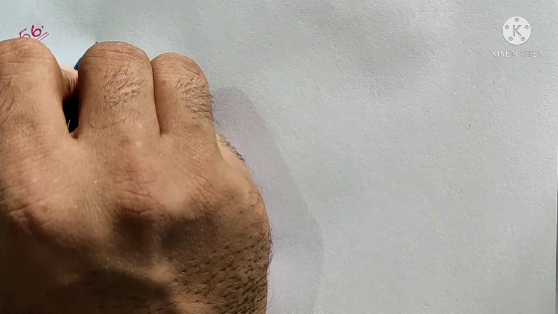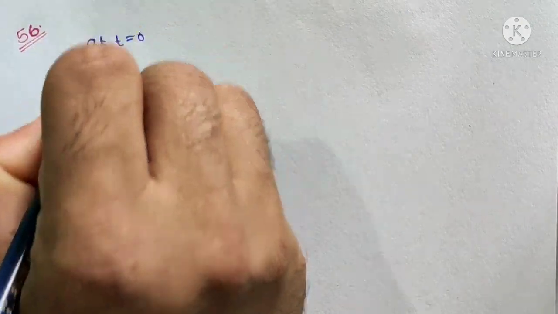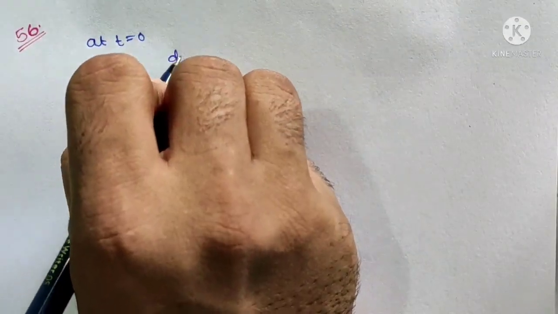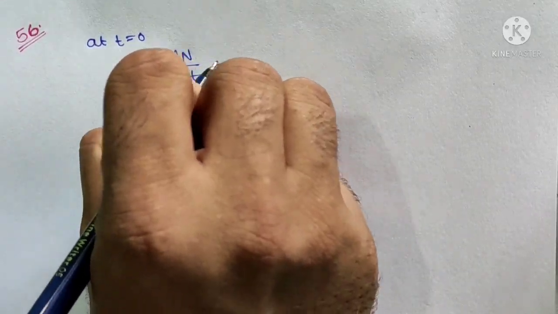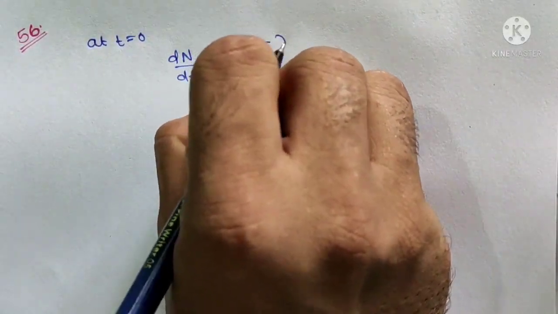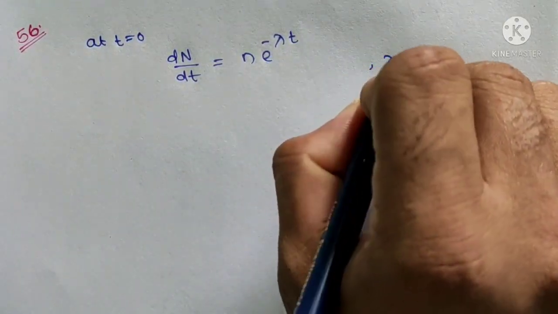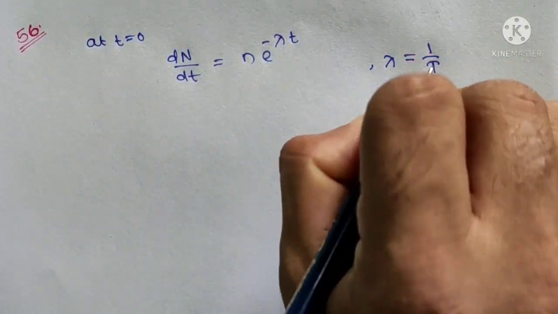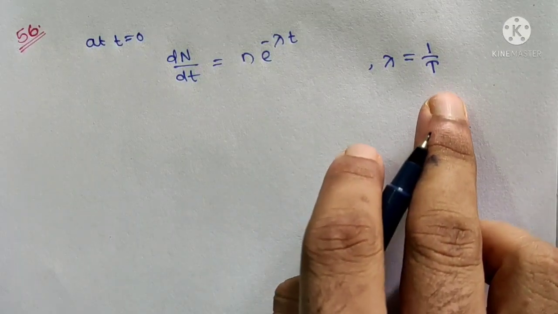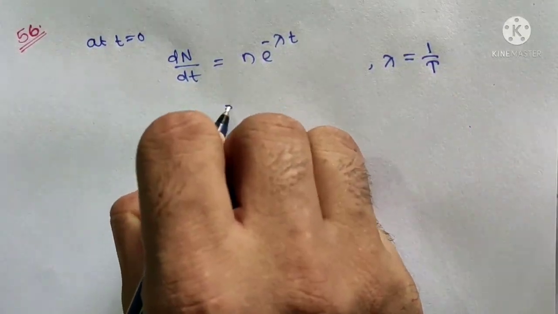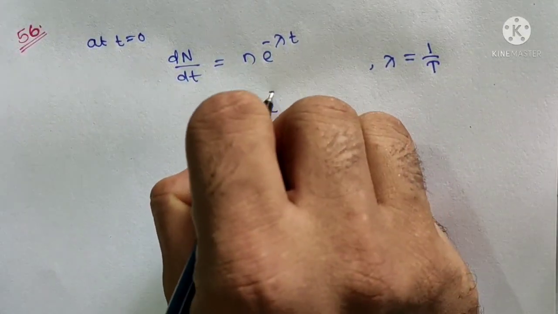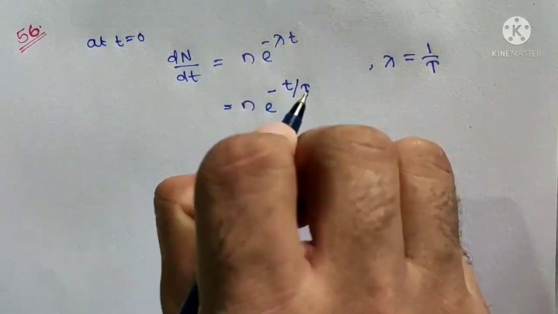At t equal to 0, according to the question, the number of decays per unit time equals n exponential minus lambda t. And we know decay constant lambda equals the reciprocal of mean life. Here it is capital T. So we can write n exponential minus small t over capital T.